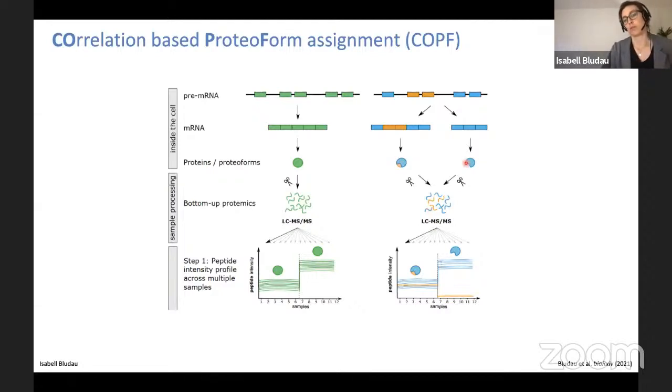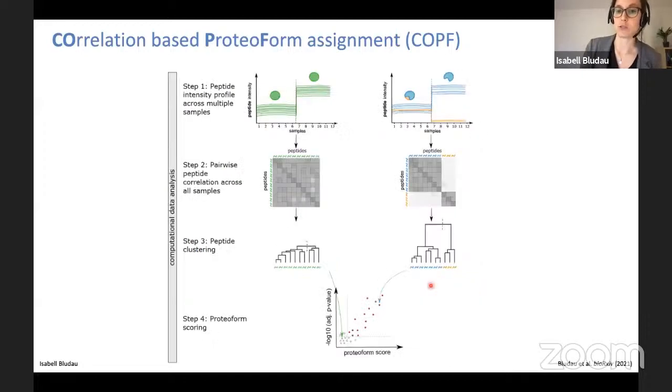If these two proteoforms are differentially abundant across the conditions that we look at, we can actually figure out groups of co-regulated peptides which will distinguish the two proteoforms.